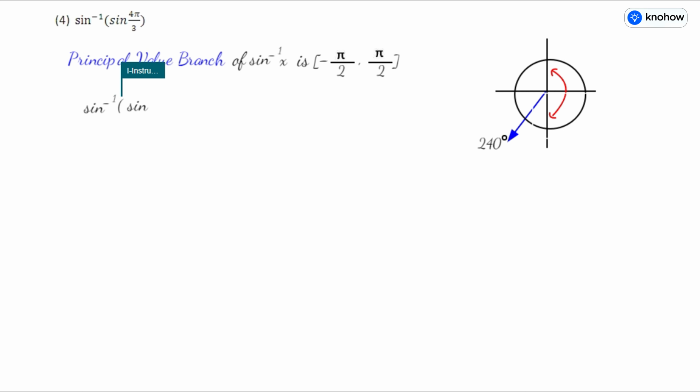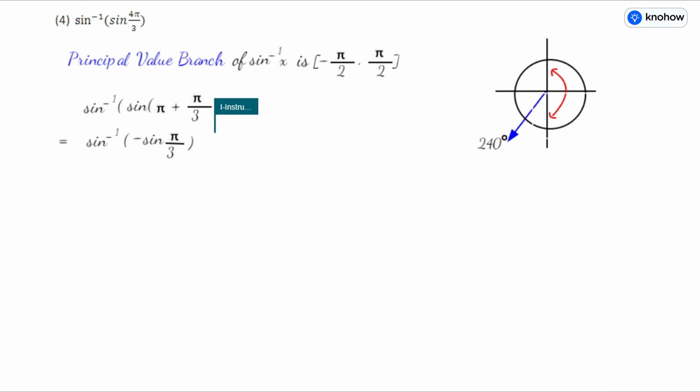Sine inverse of sine of pi plus pi by 3. 4 pi by 3 may be written as pi plus pi by 3. And sine in the third quadrant is negative. So it will be sine inverse of sine 180 plus theta, which is minus sine theta. So minus sine pi by 3.